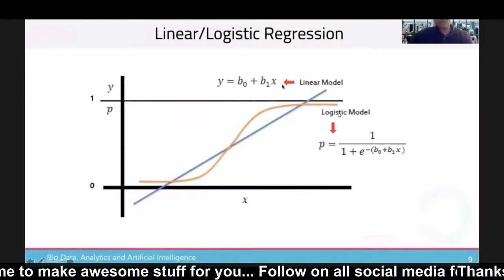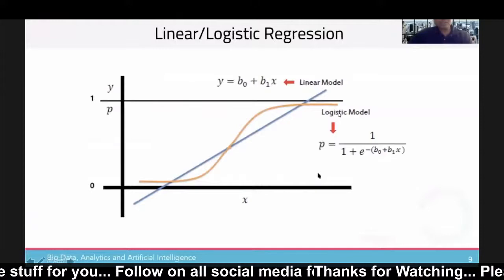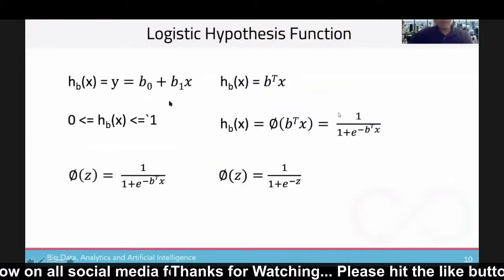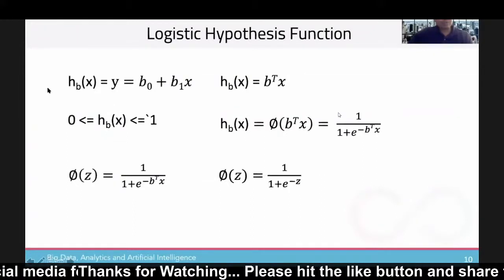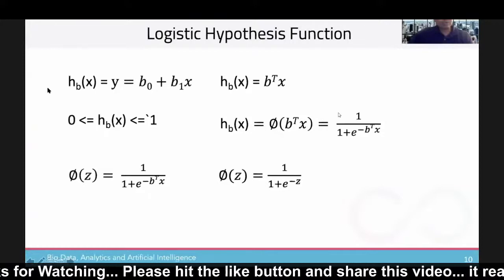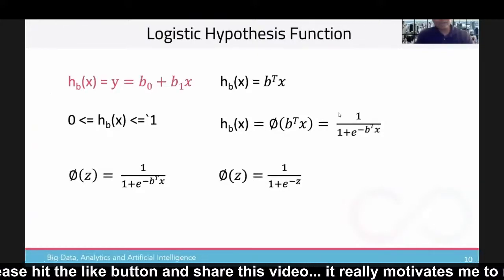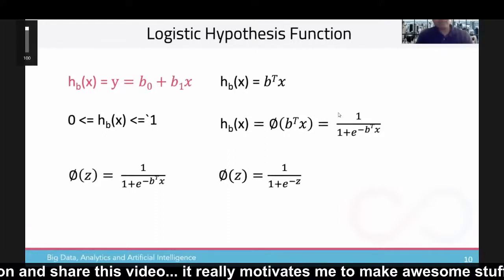It's still mathematical, but I want you to hold tight. This is the only part which is a little bit mathematical, and I promise nothing else is going to be. So let's create a hypothesis function of x. We have created a hypothesis function of x, which we can say is y, and this is the simplified equation b naught plus b1 x.